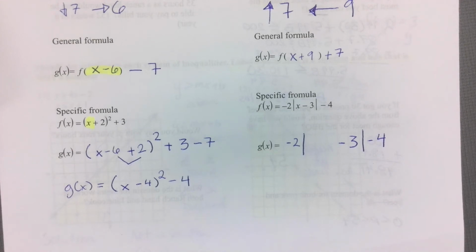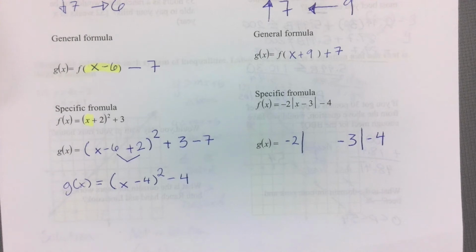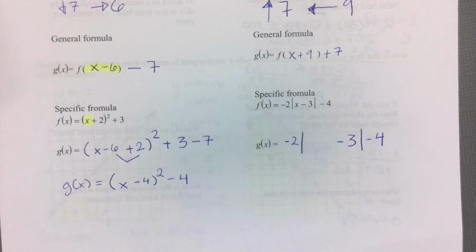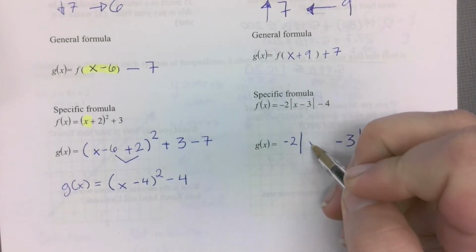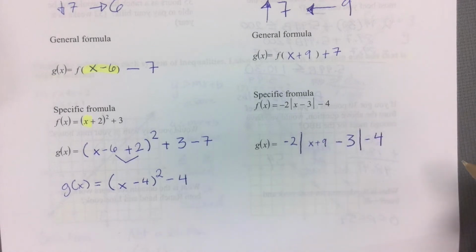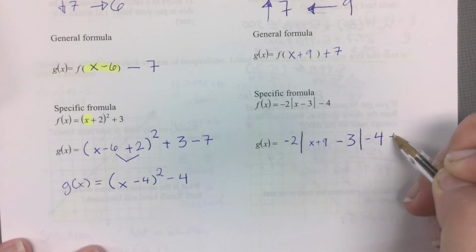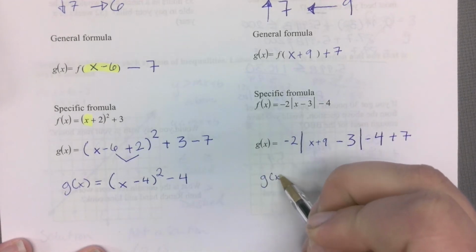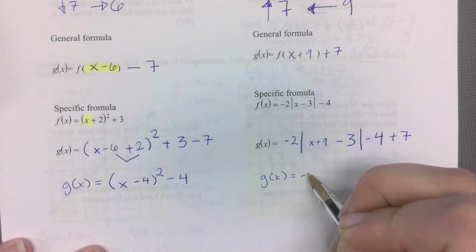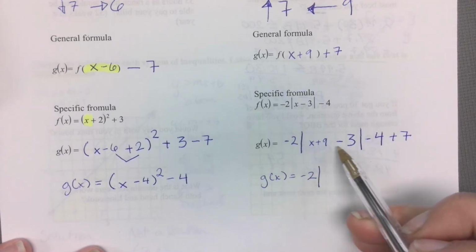Now I'm going to give you a minute to see if you can figure out what to plug in on each part, okay? What's going to go here? Ooh, x plus 9, yes. What goes on the outside? Ooh, look at you guys. Okay, you guys, what can I put together on the inside?